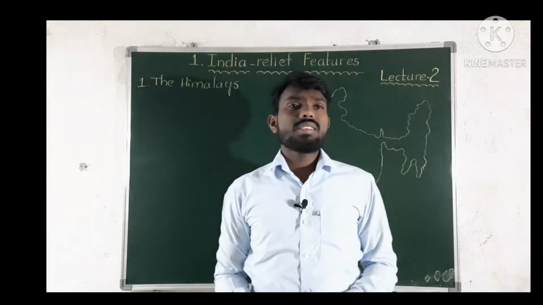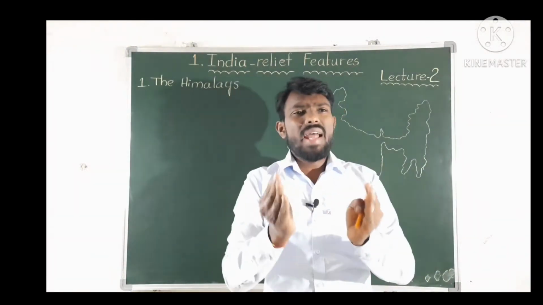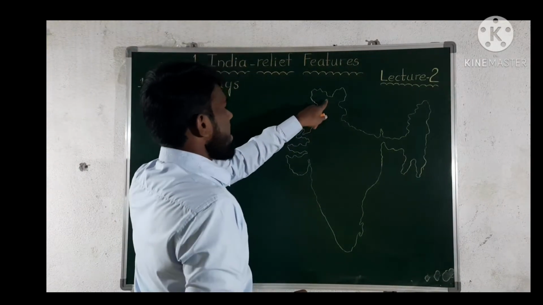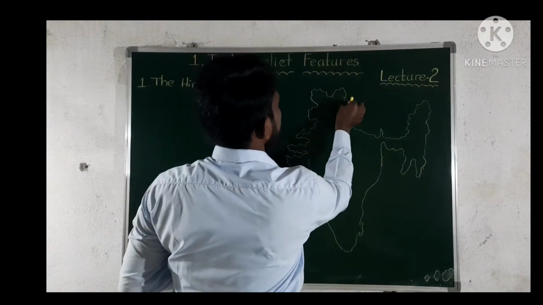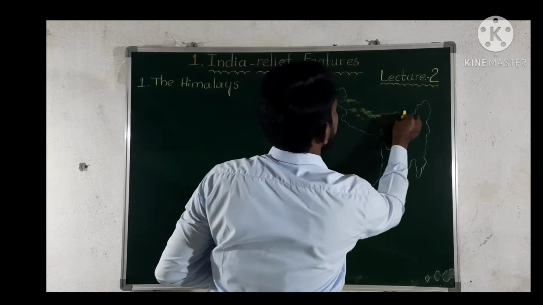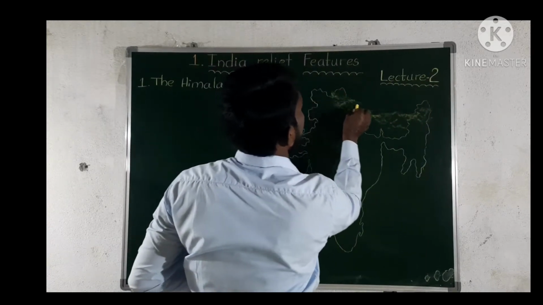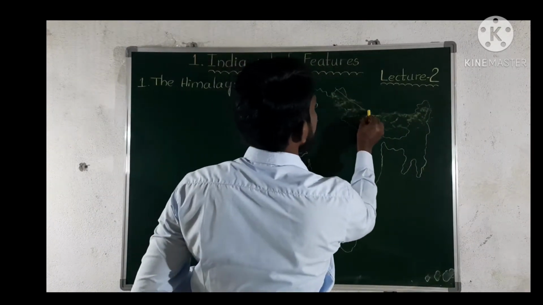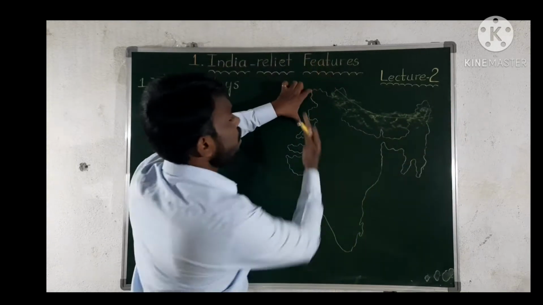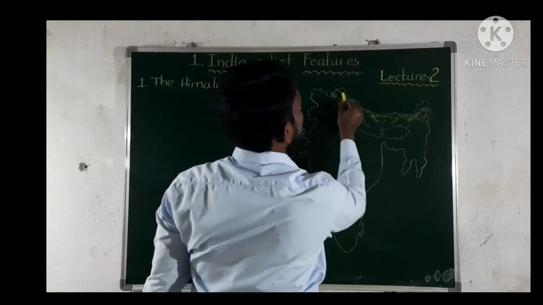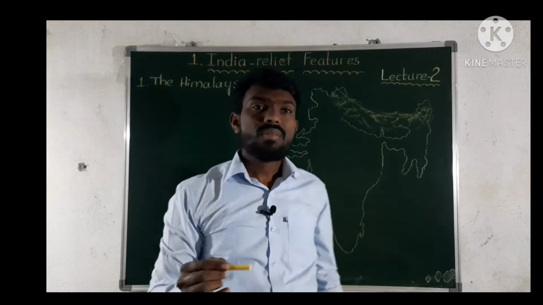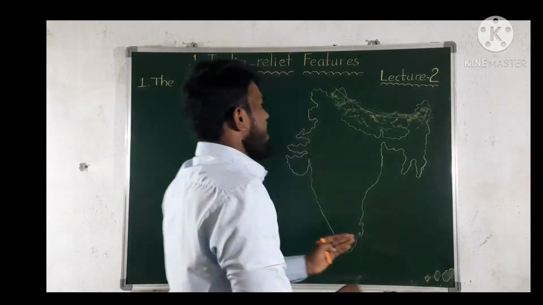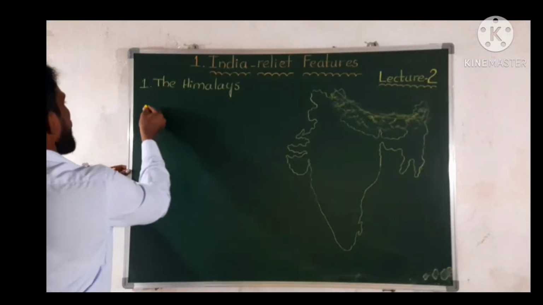The Himalayan ranges run in the west to east direction in the form of an arc, with a distance of about 2,400 kilometers.